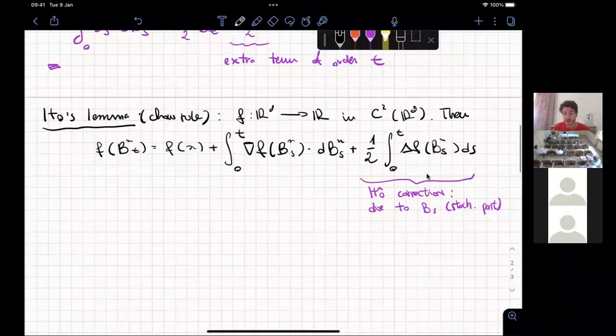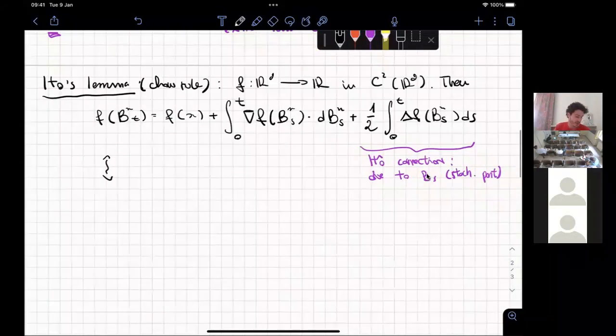So this is the chain rule using the notation we introduced before for the stochastic differential.